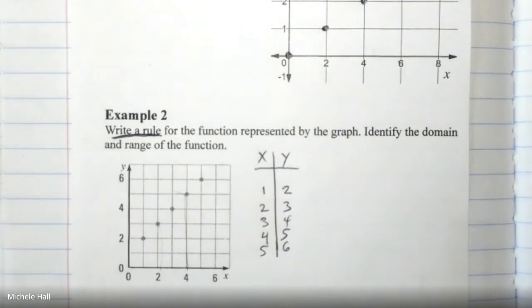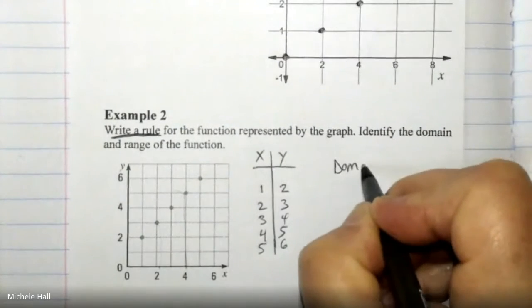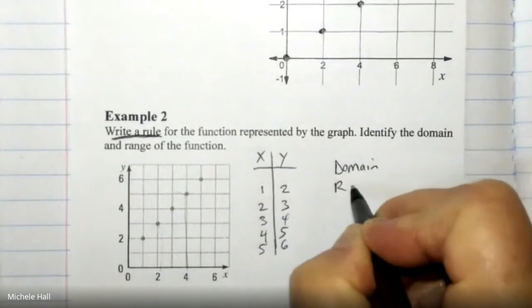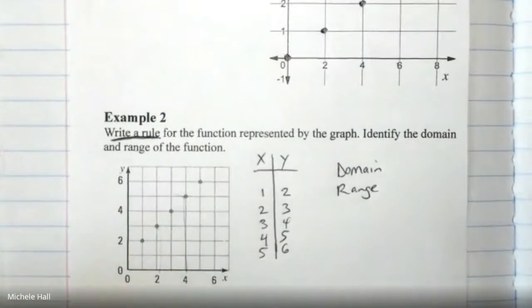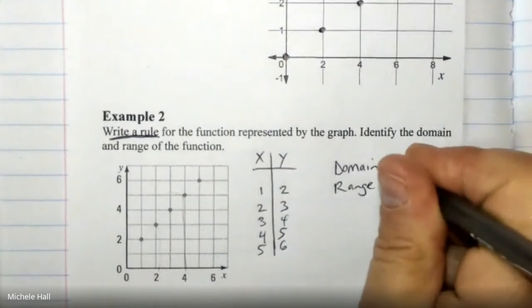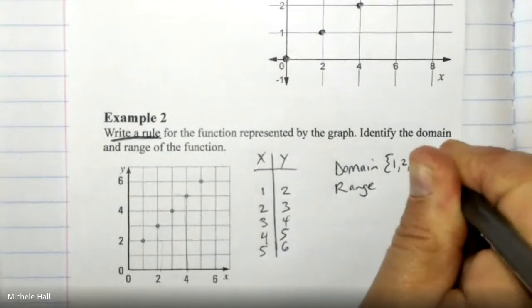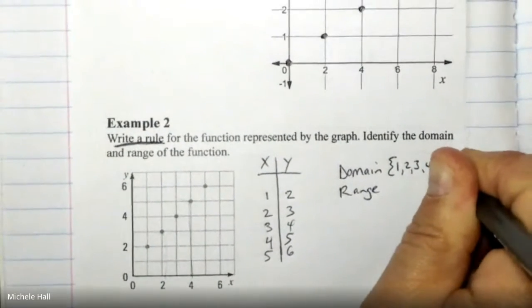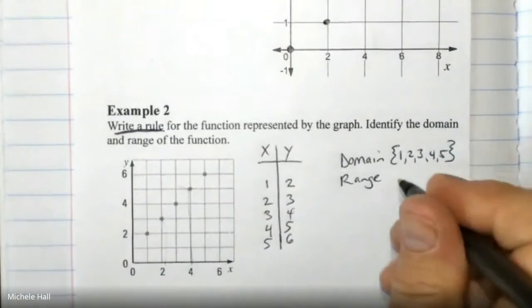So I could say what my domain was, what the range is. Domain are my x values, so 1, 2, 3, 4, 5, least to greatest. In the range, 2 through 6.